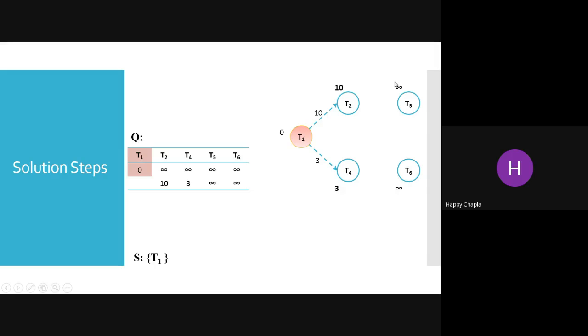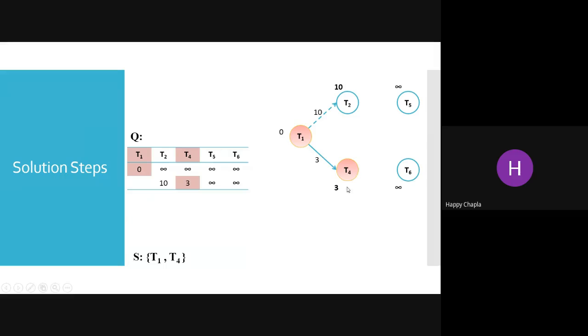Now the infinite is replaced with 10 and 3, and make the entries in the table in a new row. Make sure in a new row. Now next step, which one is minimum? Your 3 is minimum, so still this is the unvisited or unselected value.